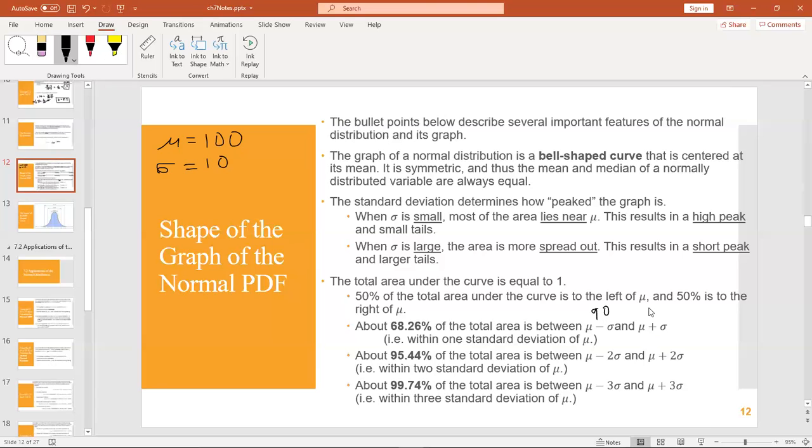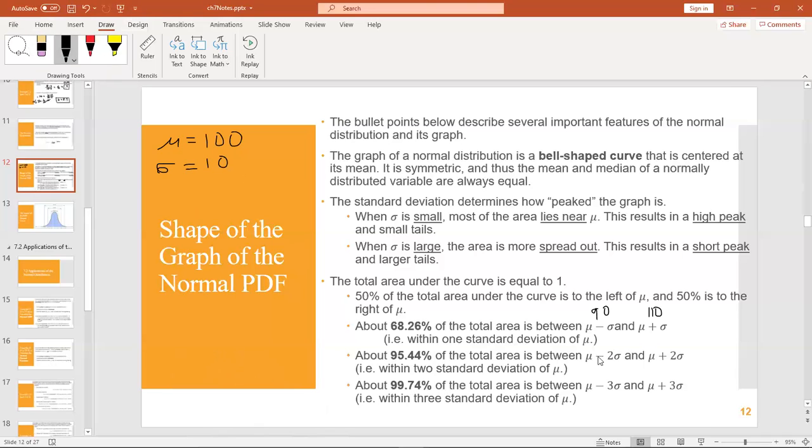If you go up 10, that would put you at 110. And that's basically telling you that 68% of the data are between 90 and 110. So that's what that would mean.